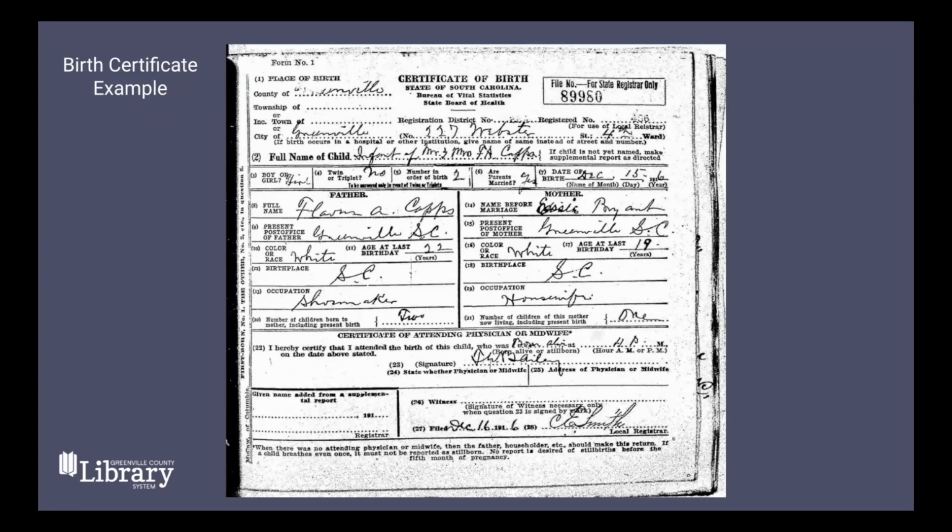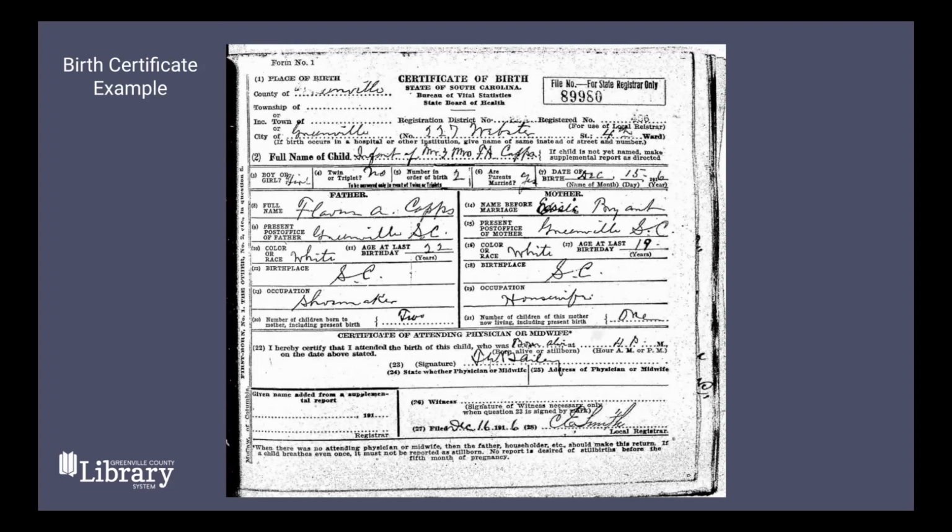And here we can see, and I know it may be hard to read because some of this is in cursive, we have the child's name, which is an example where the child does not have a full name. It's just listed as infant of Mr. and Mrs. Capps. So there can be a number of reasons why there's not a full name given, but this is an instance where the full name isn't there.